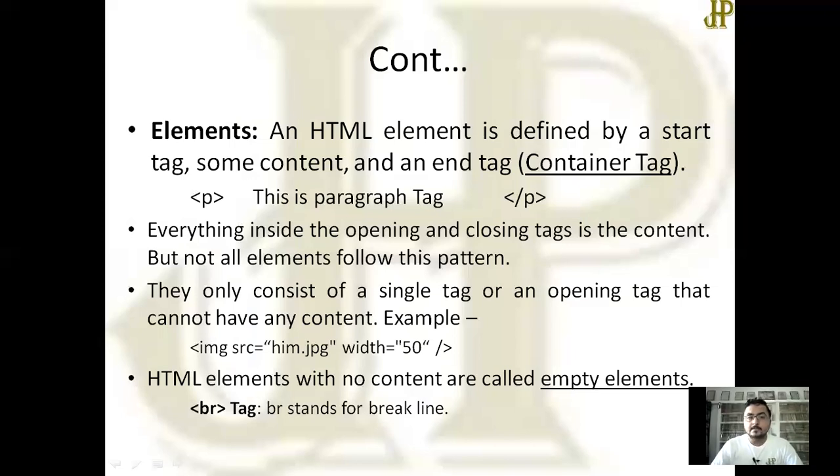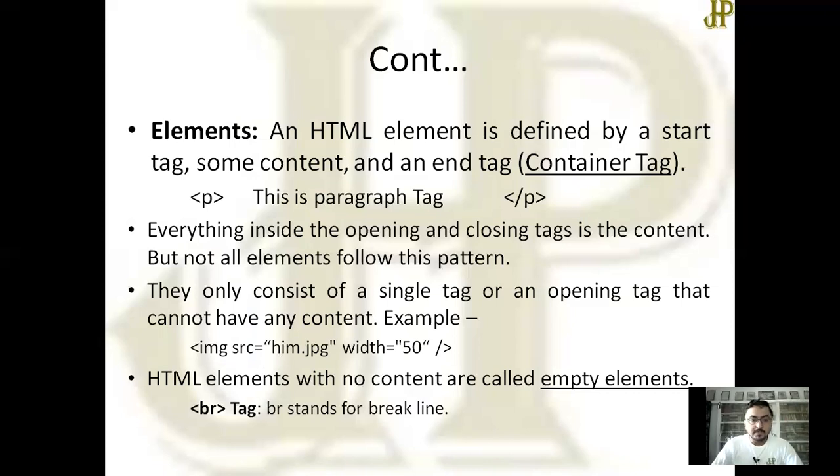Other than this, some tags in HTML have only an opening tag. Okay, that cannot have any content. For example, if we want to insert an image, we have to include the element whose tag name is img, and we have to give the source from where that image can come on the web page.